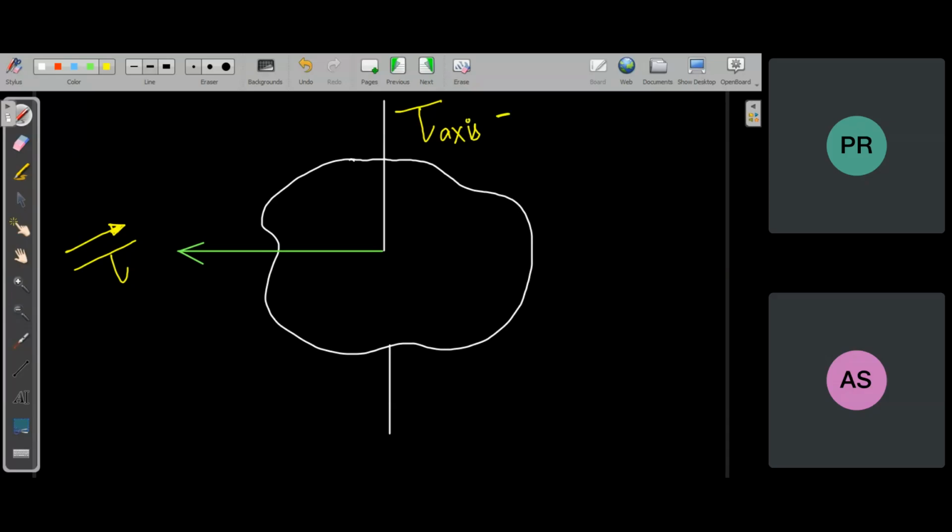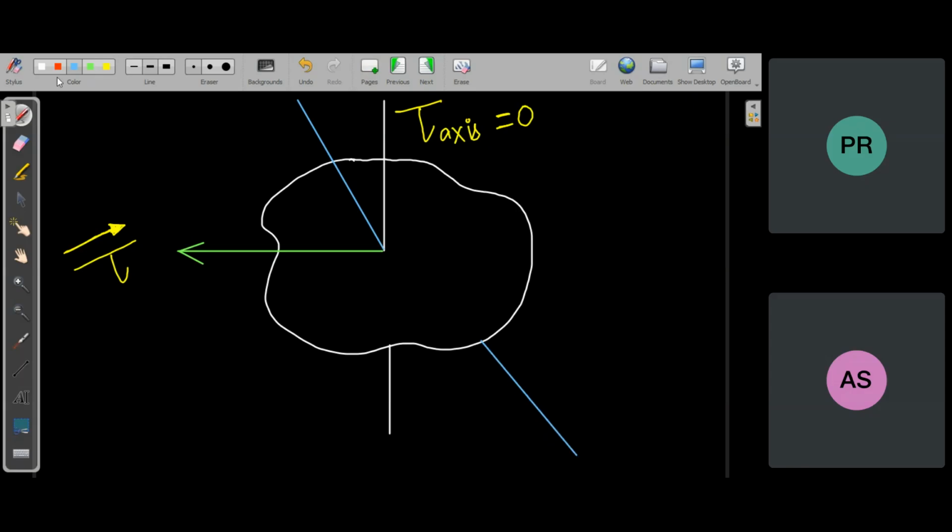So we can define the torque about an axis even if the axis is inclined at some angle other than 90. Axis can be in any direction. Suppose this is the axis, and it is not inclined at 90.